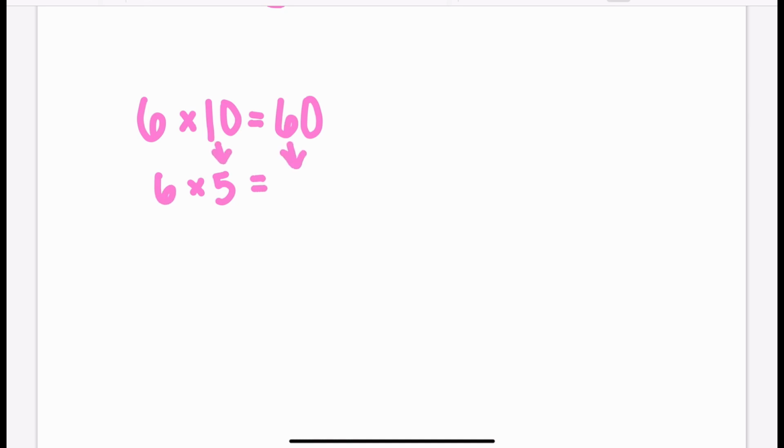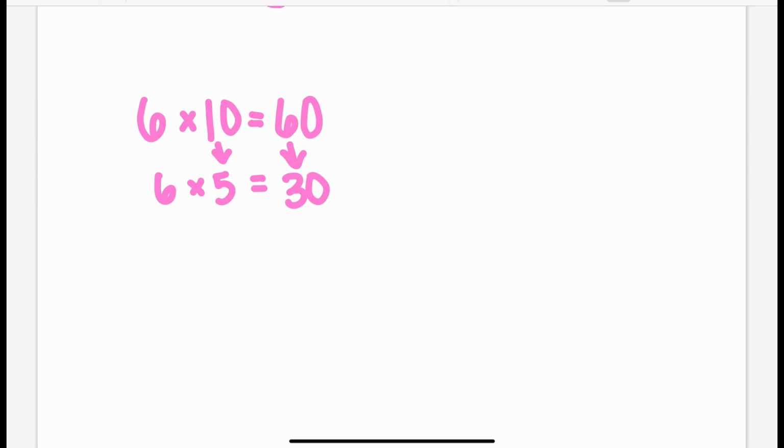So I know that if I have 60, I'm going to have 30. So that's a quick way that I can use my 10s to get to my product of my 5s without having to go 5, 10, 15, 20, 25, 30. I'm able to get there by going, okay, 60, half of that's 30, which is more efficient. Which is a more fluent and efficient strategy here.